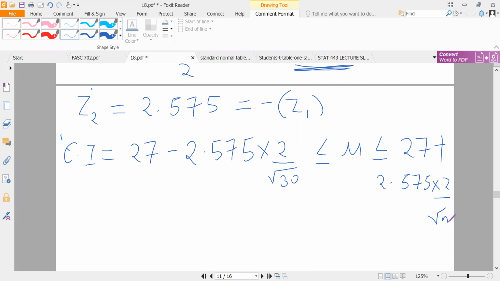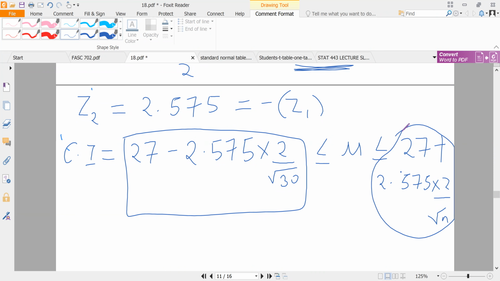If you are able to calculate this quantity, you get the lower value of the interval. And if you calculate this other quantity here also, you are able to get the upper value of the interval.